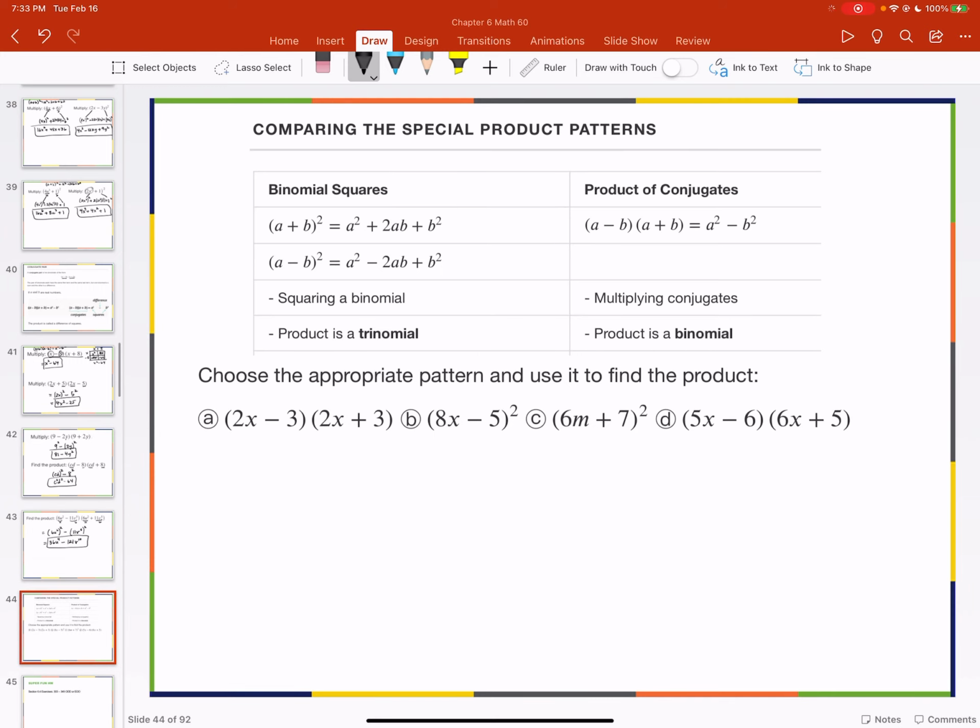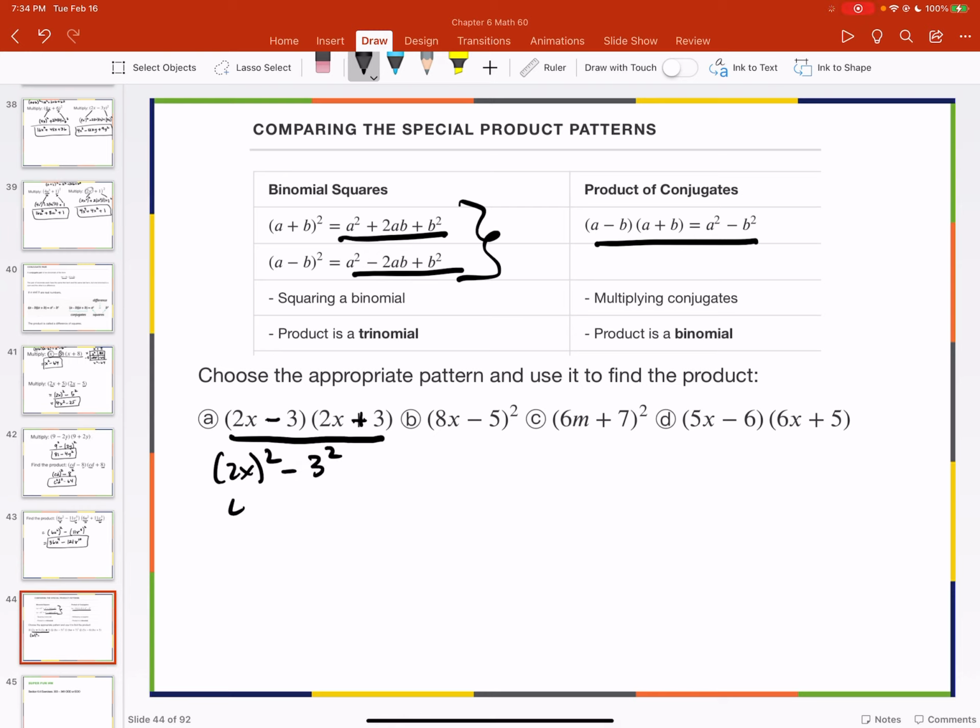To recap, you have perfect square trinomials, and then you have binomial squares, and then the product of conjugates, whose answer is difference of squares. So you need to be able to recognize which one's which. A would be a difference of squares because you have a minus and a plus. So that's just going to be 2x squared minus 3 squared, so 4x squared minus 9.